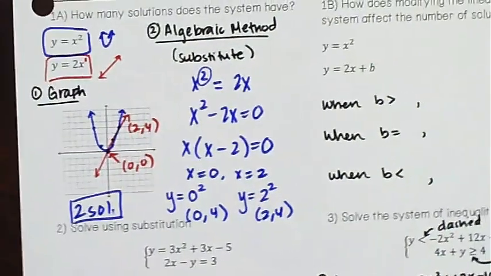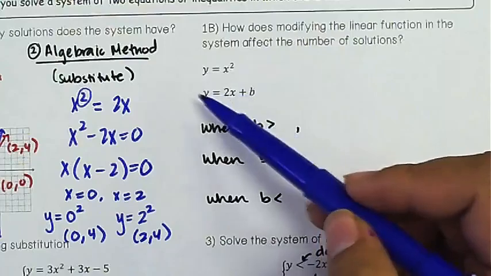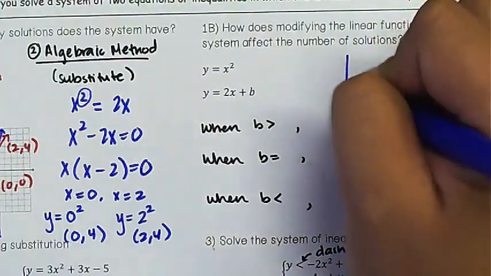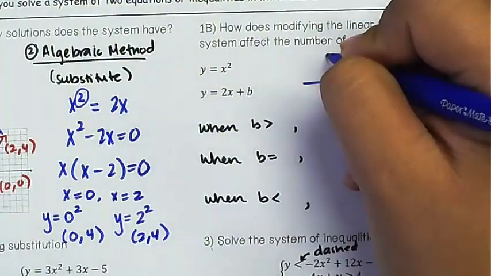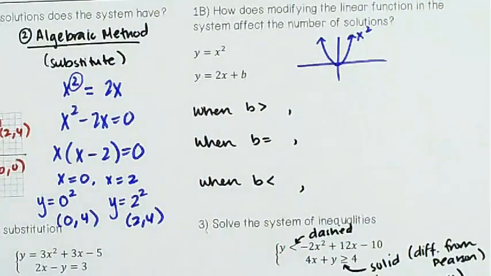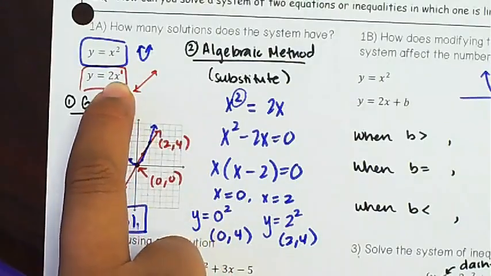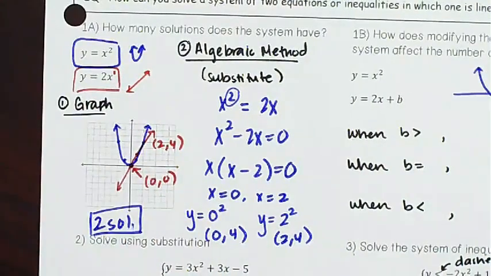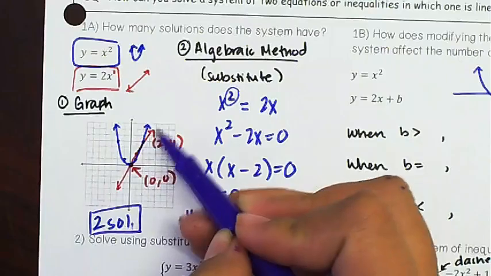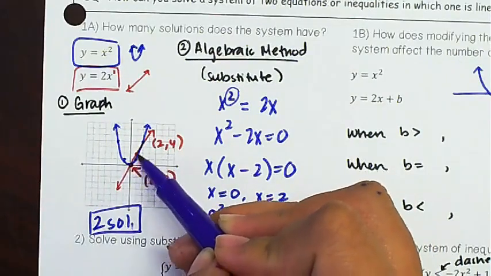Okay. So on Pearson, there was this decimals thing, I'll just kind of talk about it. There was the x squared, and then it had 2x plus b. So for example, this previous one was 2x. And if so, then you had 2 solutions. You could see that there's 2 intersection points. But if you move this red line down 1, you can see that it'll be tangent.